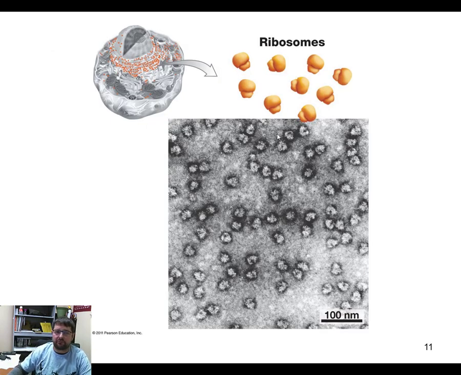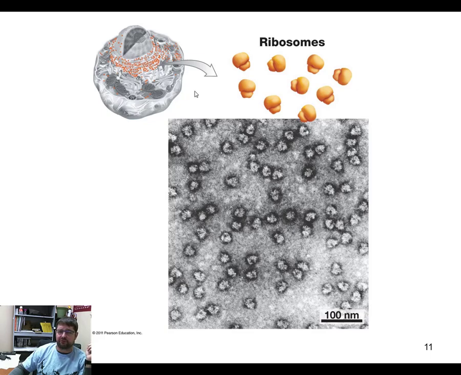So here you can see a picture of the ribosomes. Again, they can be on the rough ER associated with that. They can be sitting out here in the cytosol inside the cell. And there are ribosomes associated with mitochondria that are self-made ribosomes, which help build proteins, essential proteins for things like the electron transport system and situations like that.